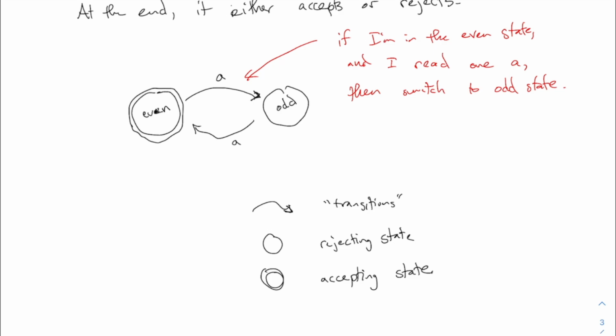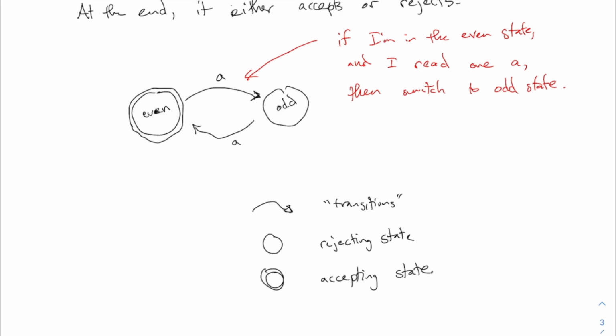There's one more detail that needs to be included in this machine, and that is where should you start? Which of those two sides should you start on when you begin the computation? So before you've looked at any of the letters, can anybody say, in order for this to work out, which one should we start in? What do you think? Even. Yeah, the even state is where you want to start.